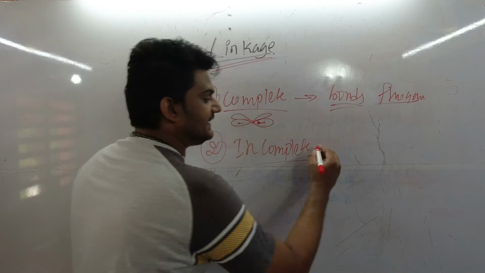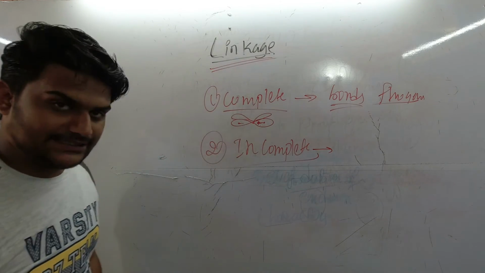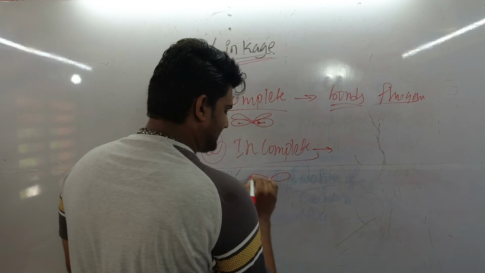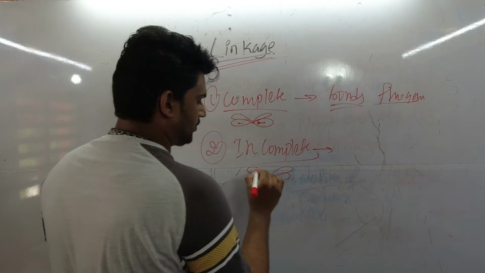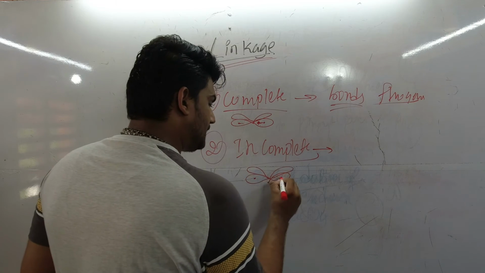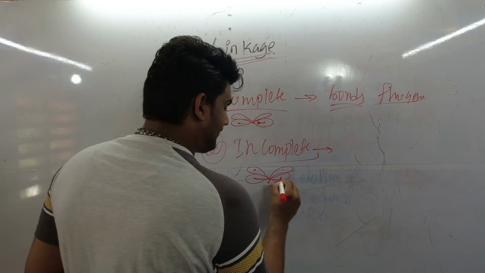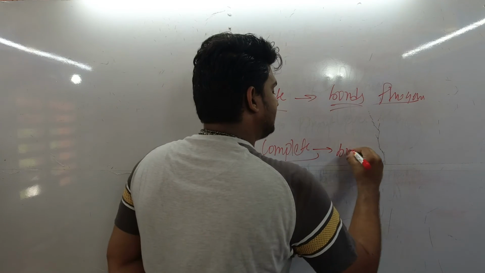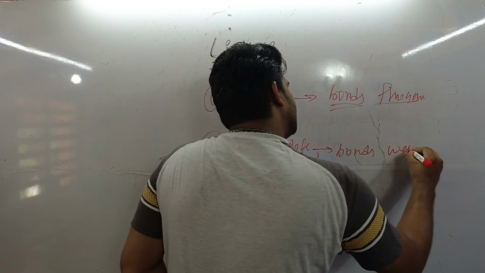And incomplete linkage is defined as, when on the chromosomes the genes are very far away and they are linked, the bonds which are formed are weak.